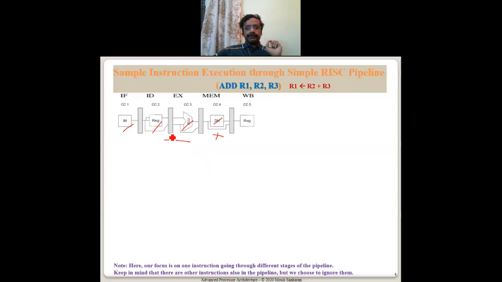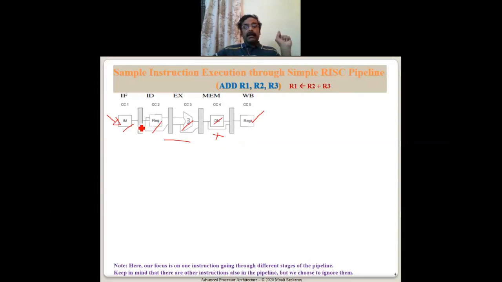When will you say a particular instruction is completely executed? When it enters here, it has just been read from the memory, and when it comes here, it has been completely executed. Then what happens during these stages? These are all the intermediate operations performed to achieve the goal of completely executing the instruction.